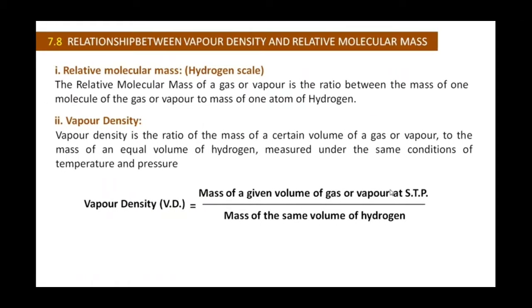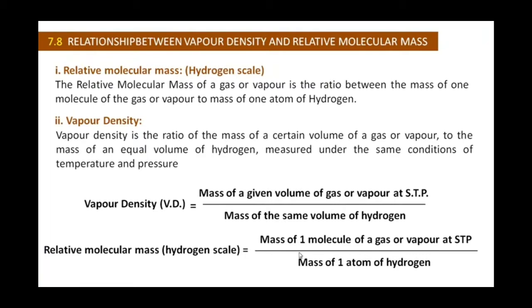So, vapor density Vd is equal to mass of a given volume of gas or vapor at STP, STP denotes standard temperature and pressure, by mass of the same volume of hydrogen.